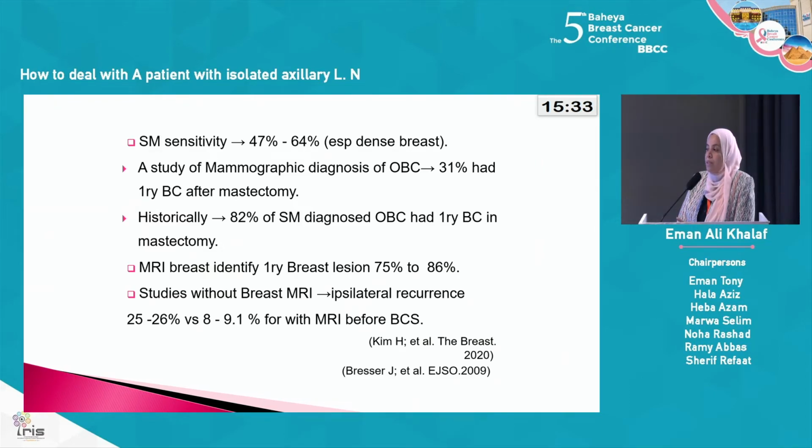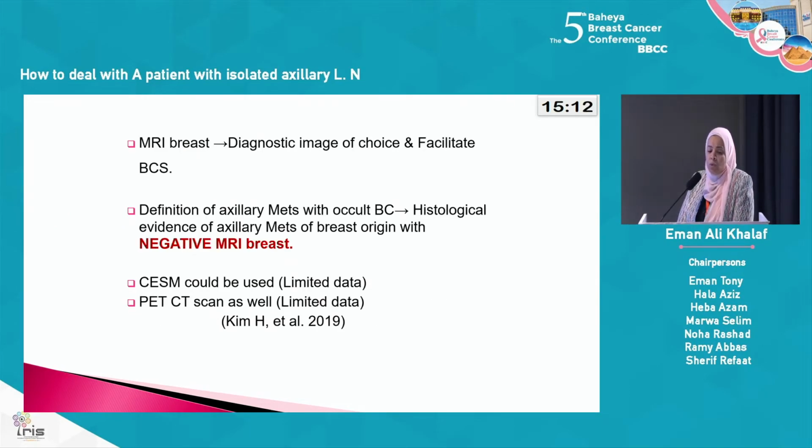No, the MRI breast is important as well for prognosis, because in the studies where we did not use the routine MRI breast, the incidence of ipsilateral breast cancer reached 25% of the cases, versus only 9% of the cases in the study that used the MRI breast as a diagnostic modality. So the MRI breast is the diagnostic imaging of choice in such cases. It can help as well to facilitate the decision for breast conservative surgery.